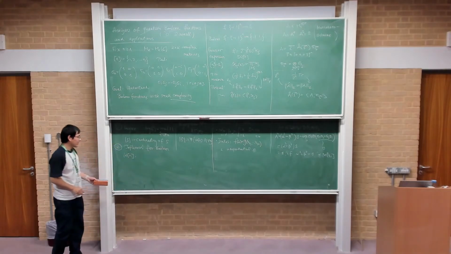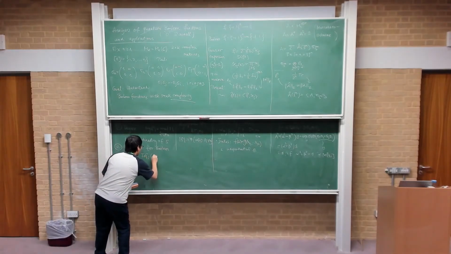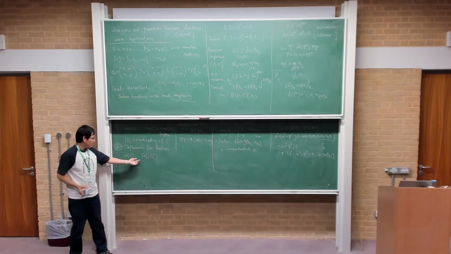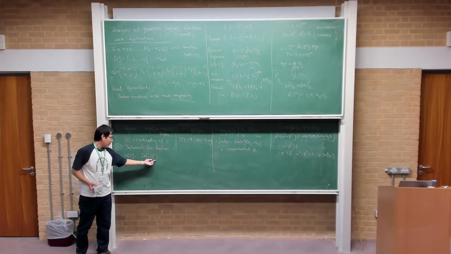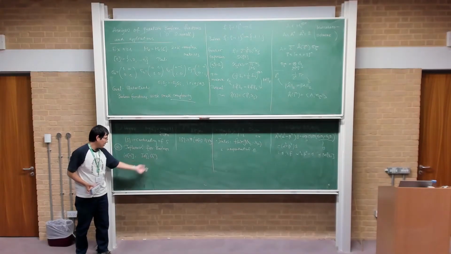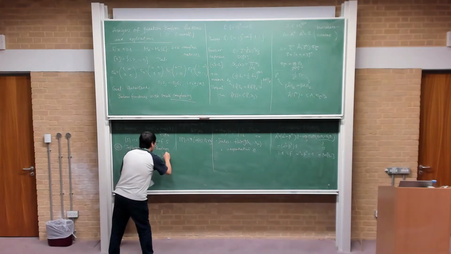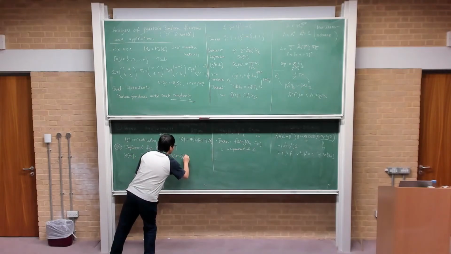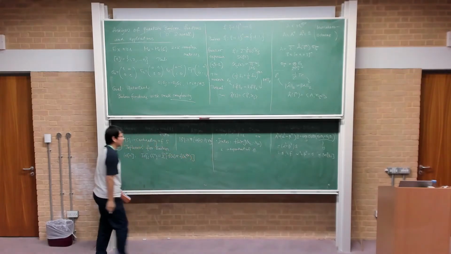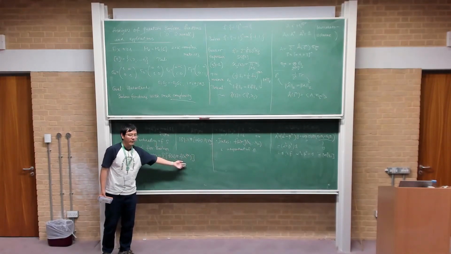You first fix a coordinate, then the ith influence, the influence of the ith variable of your function f that is fixed here, is defined to be the probability that f changes value when flipping the ith variable.